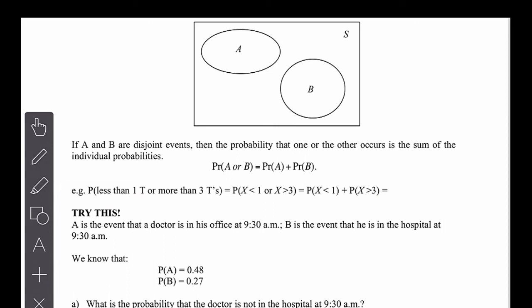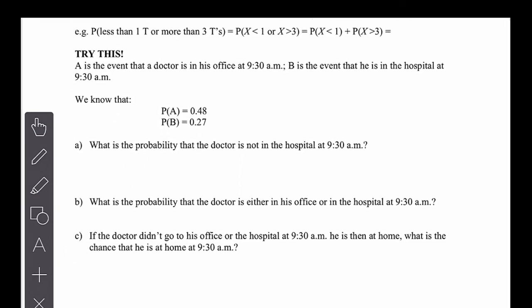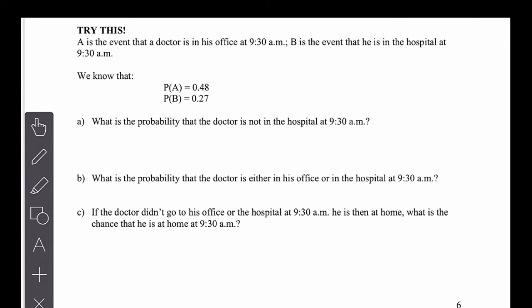I provide an example. This is an exercise. I discussed something like this yesterday, but I didn't put numbers on it. A is the event that a doctor is in his office at 9:30. B is the event that he is in the hospital at 9:30. So I've defined A as the office and B as the hospital, and I've written down their probabilities for you.